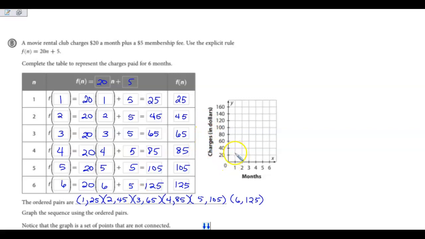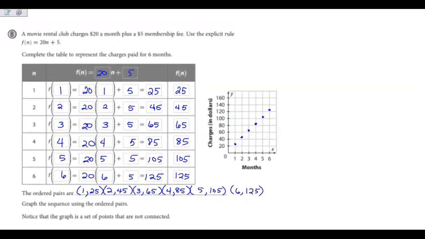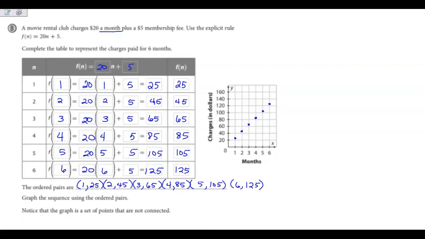So 1, 25 would be about here. 2, 45 about here. 3, 65, 4, 85, 5, 105, and 6, 125. Do we connect these dots? Correct, no, because we can't pay for a part of a month. We have to pay for a whole month. So it's for each whole month. So therefore it's disconnected dots.